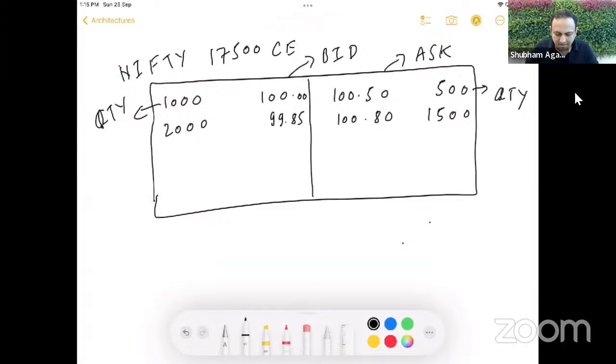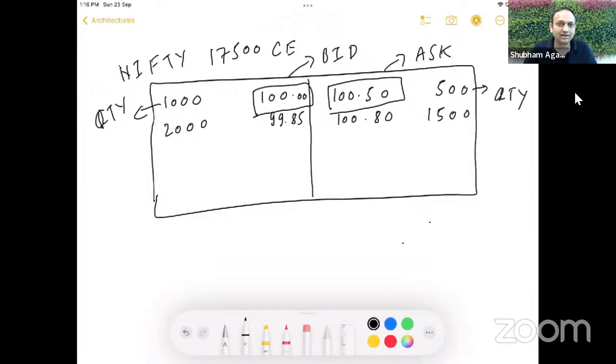Now, let me ask you, is there a difference between somebody buying at this price compared to somebody buying at this price? When a trade happens, is there a difference between whether the buy order got executed at bid or at ask? Obviously, there is a difference.